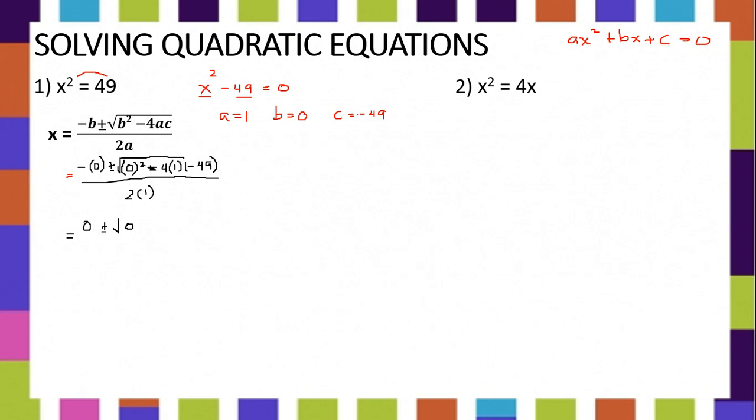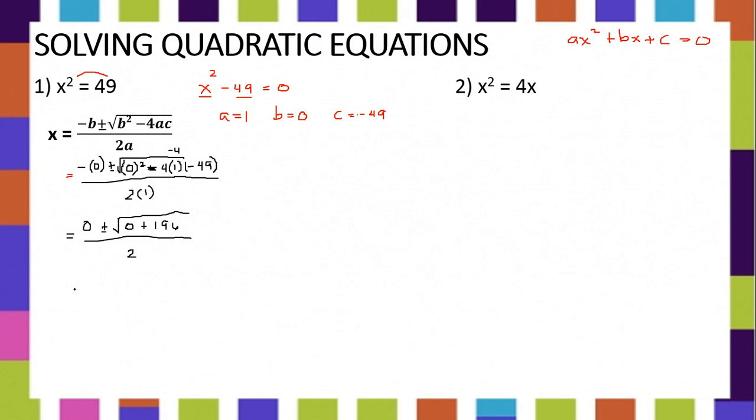Negative 4 times negative 49. O, anong lalabas? 4 times 49 is equal to 196. Negative 4 times negative 49 is positive 196 ang lalabas, over 2 times 1 is 2.